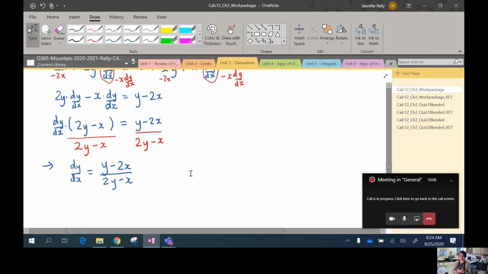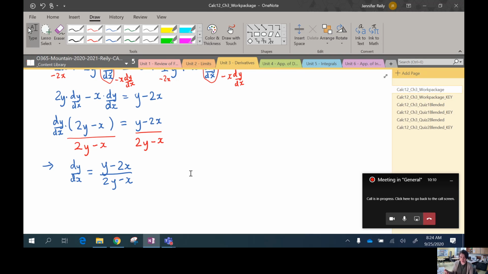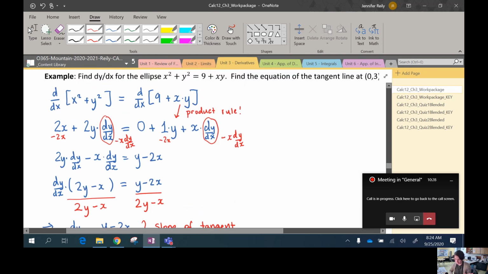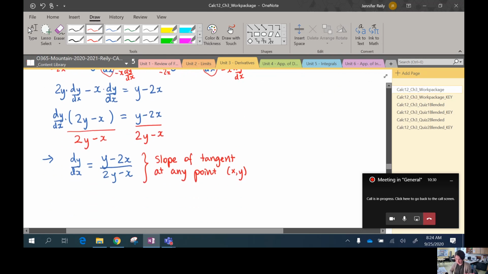Okay. So that's the slope of the tangent line at any particular point x comma y. We have a particular point we're interested in, which is 0, 3.